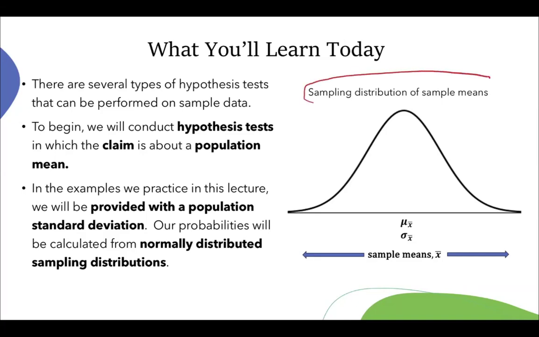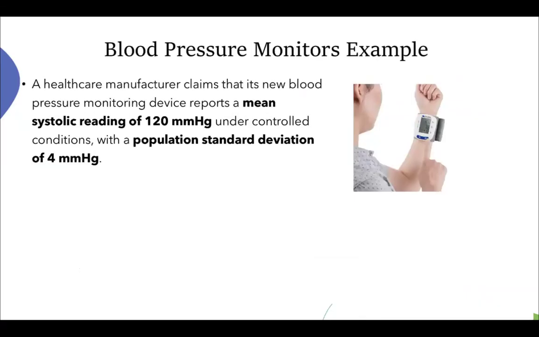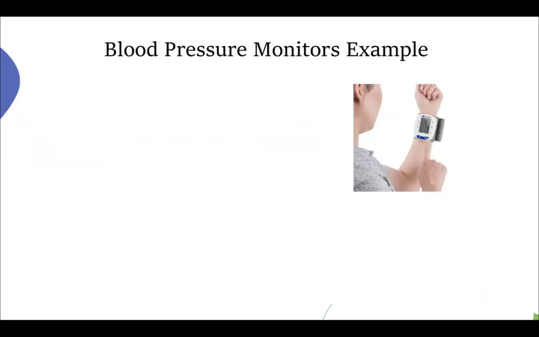So this is a normally distributed sampling distribution. In the next lecture, we are going to be shown problems without the population standard deviation, in which case we follow a different process. So basically, I'm going to walk us through three hypothesis tests from beginning to end, and hopefully by the last one, you'll have a good handle on how to do these.